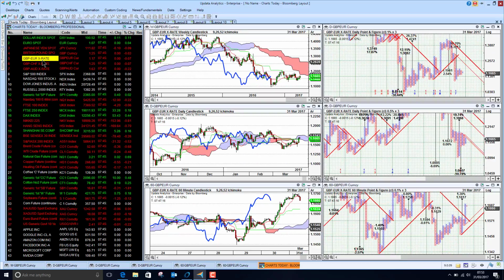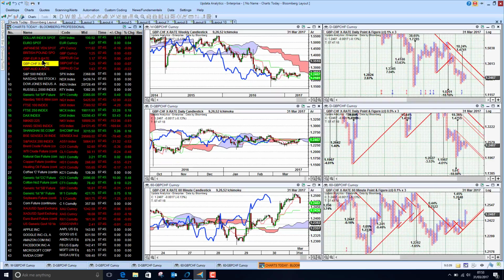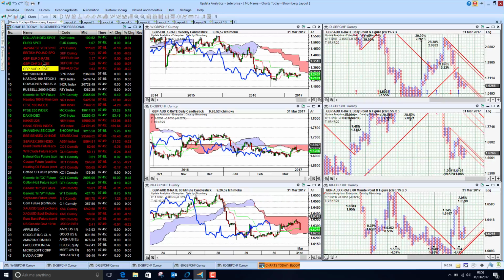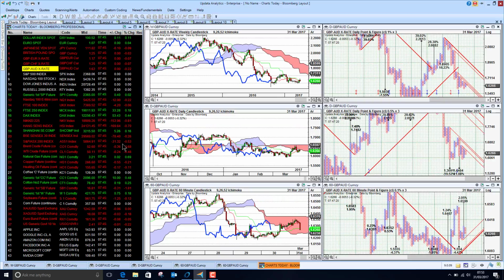Looking at the euro sterling chart, we see that sterling has had the upper hand here. Sterling is stronger than the euro. And the Swiss, much the same story. On the Australian dollar, though, sterling is looking very similar to the US dollar chart, falling away into that low 160s level. And if we fall through the 162 level, we activate this downside target to 155.40.